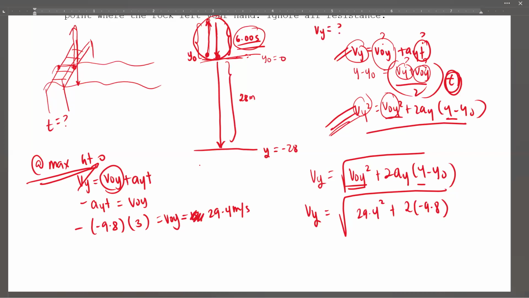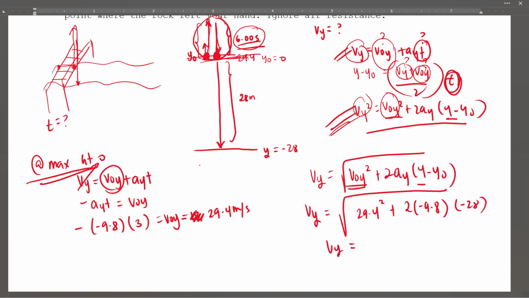At this point, the speed here is the same as the speed there, at the same height. I mentioned this in free fall. If 29.4 was its speed leaving, then arriving at the same point the speed is also 29.4. So when it falls, you can assume it starts from 0 at 29.4. So, 2 times negative 9.8 times negative 28.